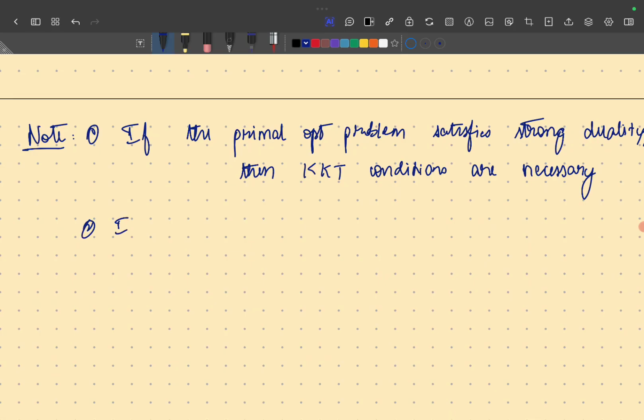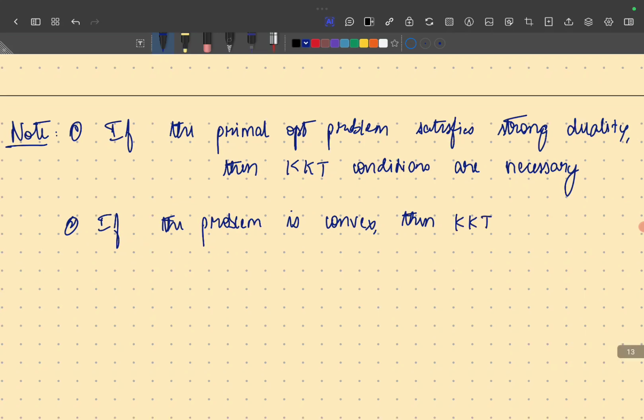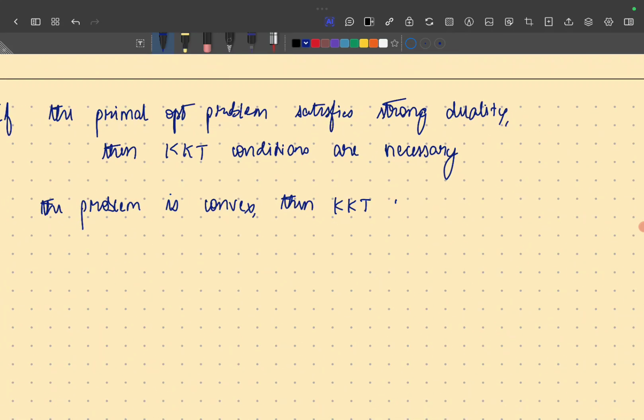But if the problem is also convex, then the KKT conditions are sufficient.